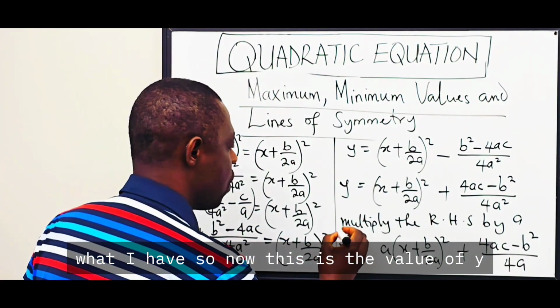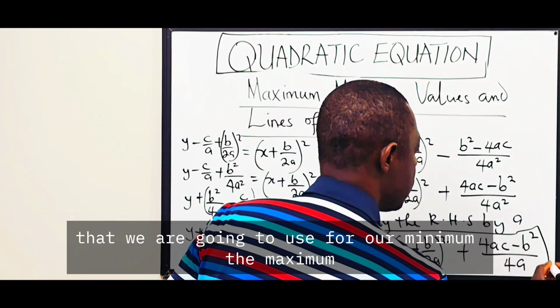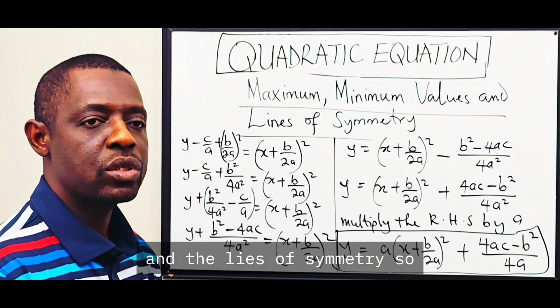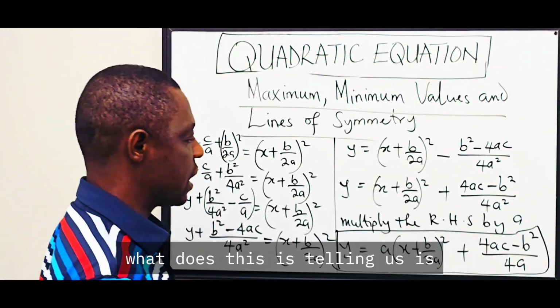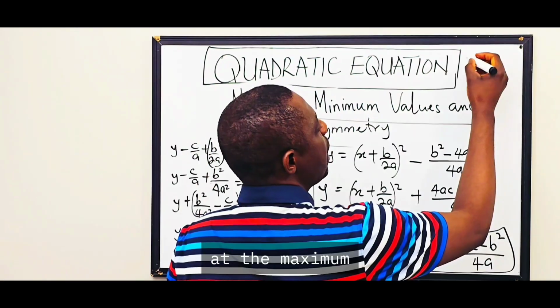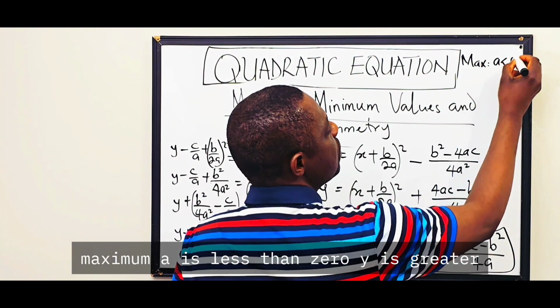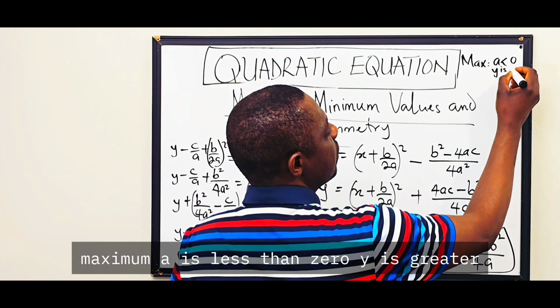So now this is the value of y that we are going to use for our minimum, the maximum, and the line of symmetry. What this is telling us is that at the maximum, a is less than 0, y is greater.